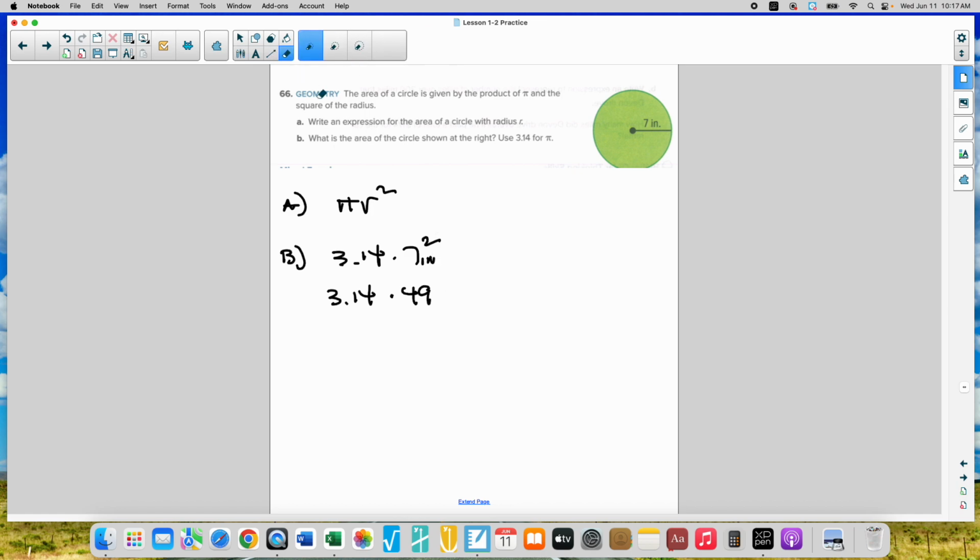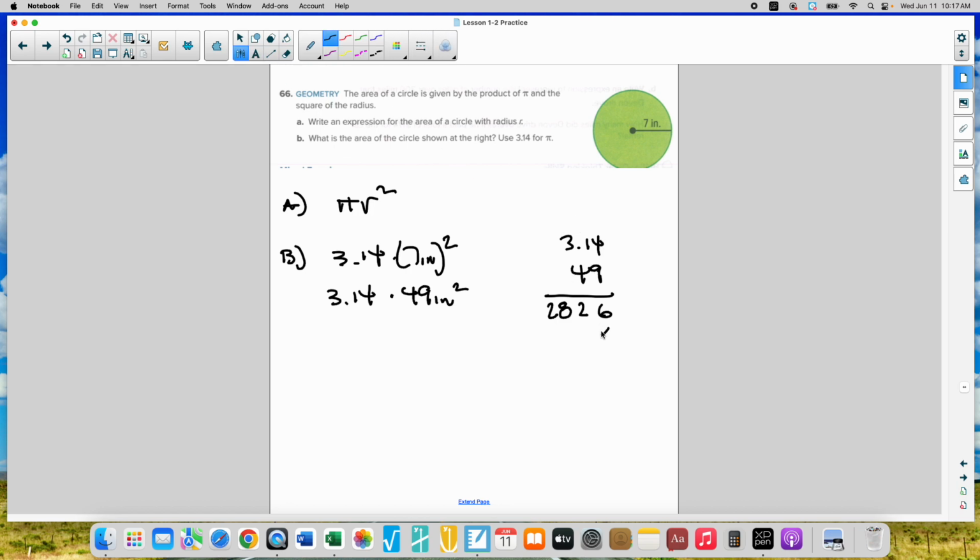Let's do this. We would need to use a quantity. We can't write 7 inches squared, and this is going to be 49 inches squared, no parentheses. And now we're going to multiply 49 times 3.14. 9 times 4 is 36, 3, 12, 27, 28. Let's erase those numbers up on the top.